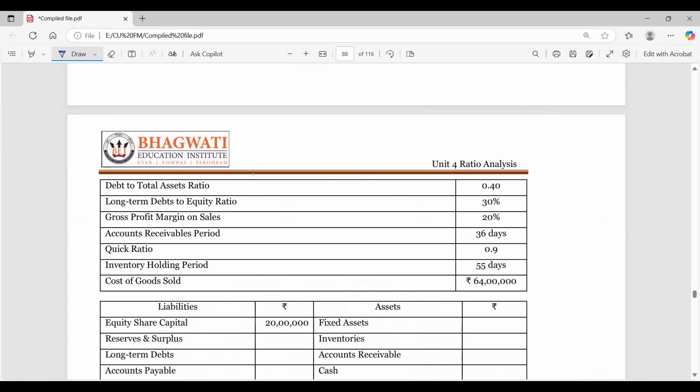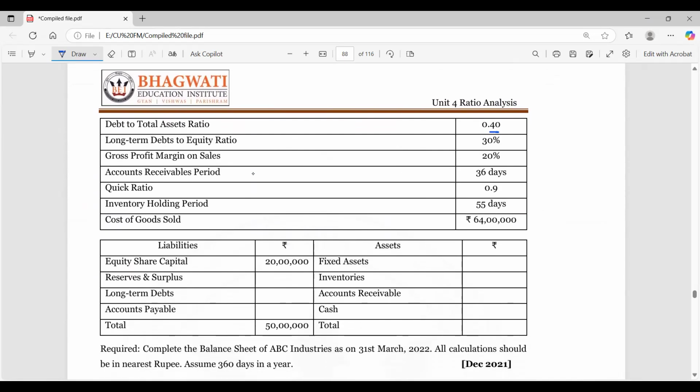Here debt to total asset ratio is given, which is 0.4. What is important to understand here is that total asset is given, which is 50 lakhs. So debt to total asset is 0.4, so what is 40% of total asset? 20 lakh.